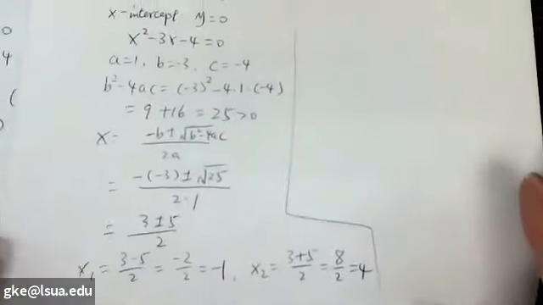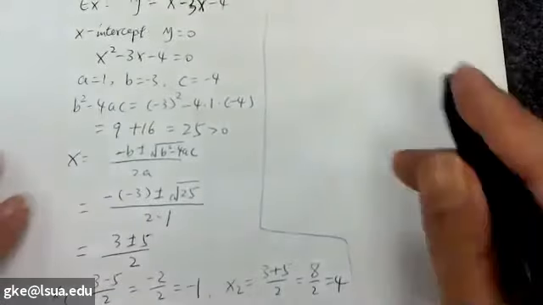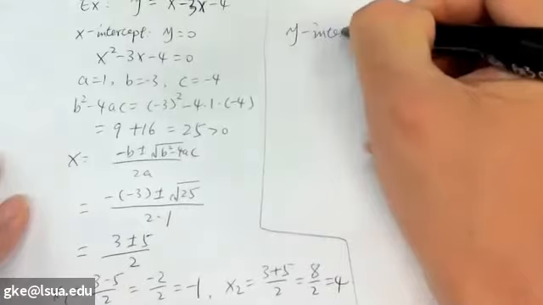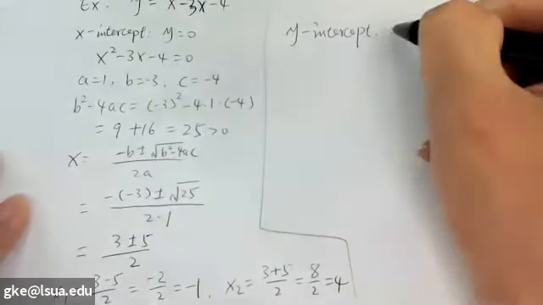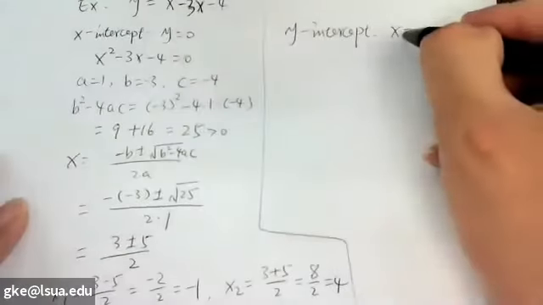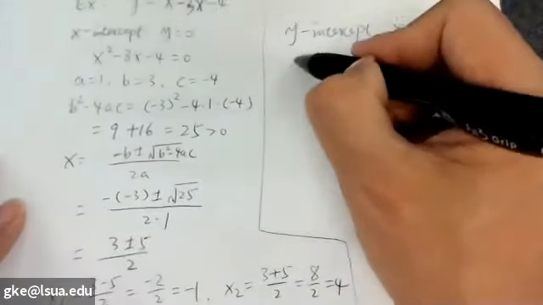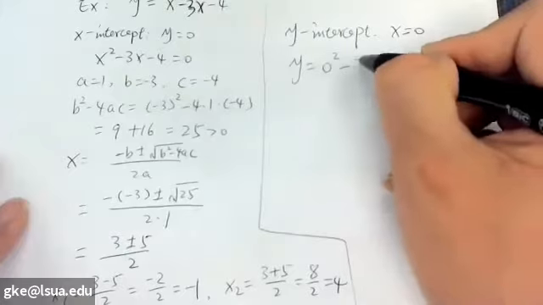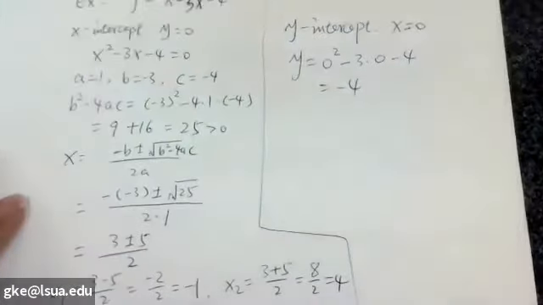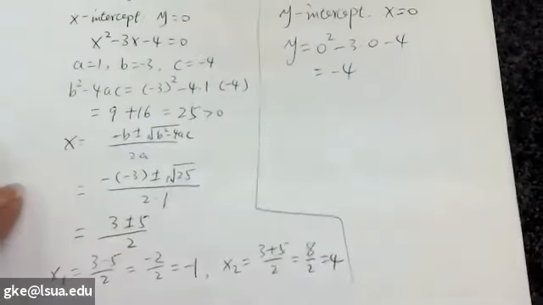Now we're gonna check the y-intercept. For the y-intercept, we just let x equals 0. So we plug in, and y equals -4.